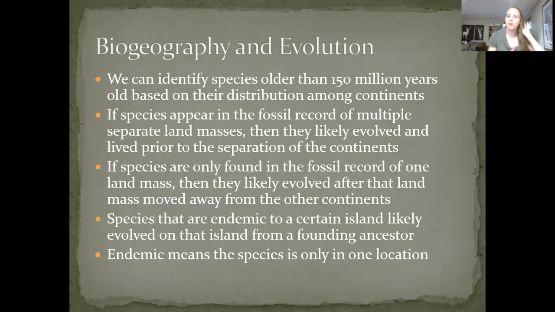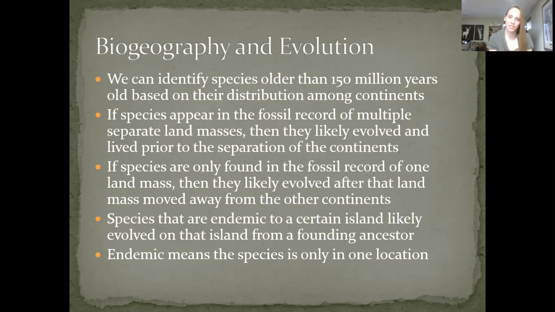So that's important because species that evolved before 150 million years ago, we can kind of see that their distribution is across more than one of the land masses that we have here today.